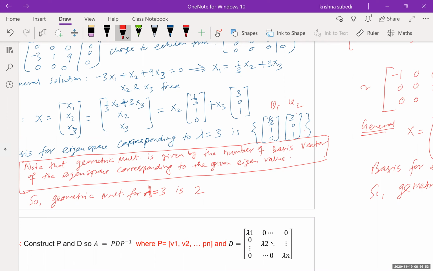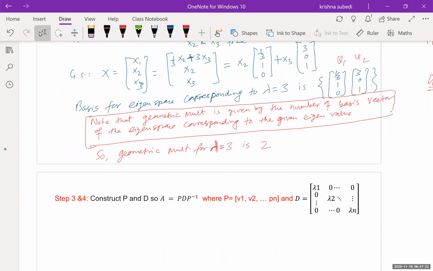So suppose we got that the geometric multiplicity for lambda equal 3 is 1, then we will stop here. We don't have to do any other stuff. We just say that it is not diagonalizable. So the matrix will be diagonalizable only if algebraic multiplicity equals geometric multiplicity. Keep that in mind.